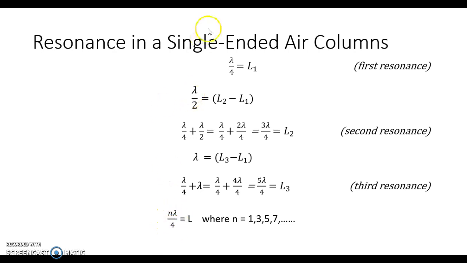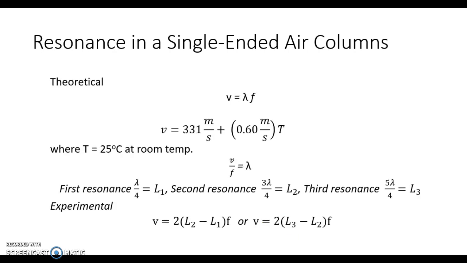And again, this is for a single-ended air column. Any location we can get, we can use this general equation to get it. That will give us our first, second, third, fourth, and so on, location for resonance.